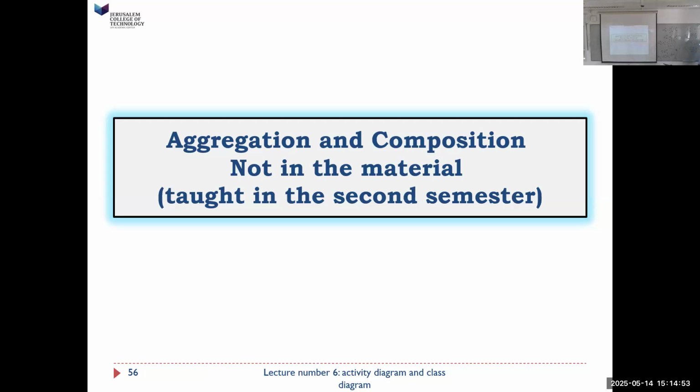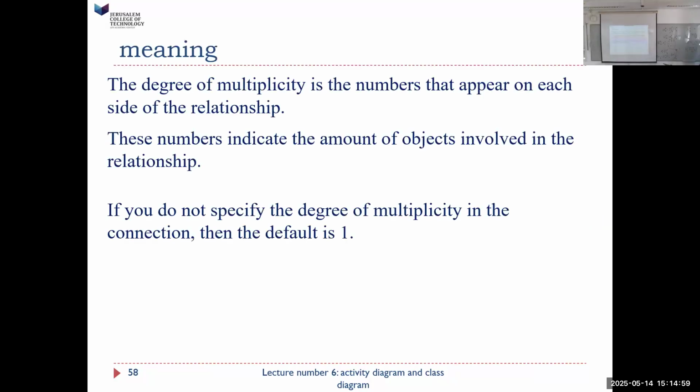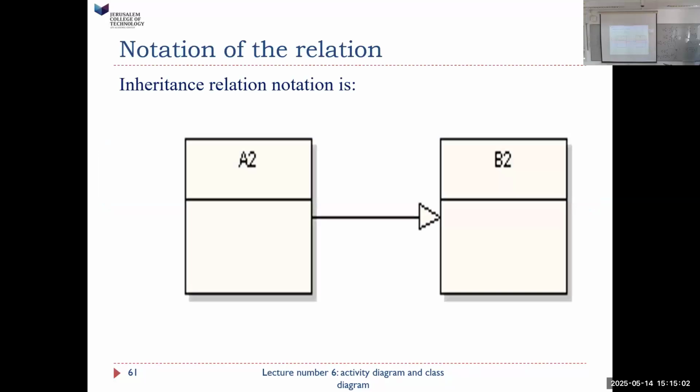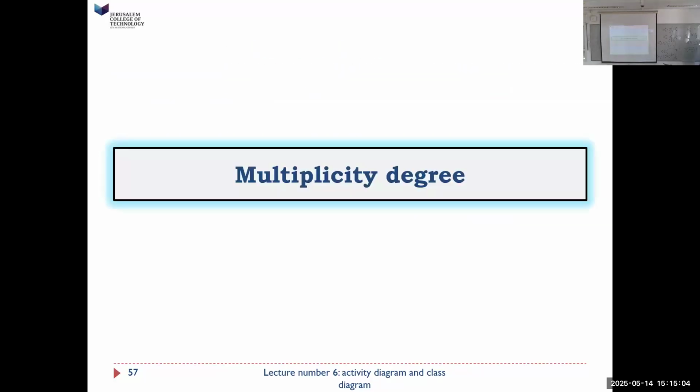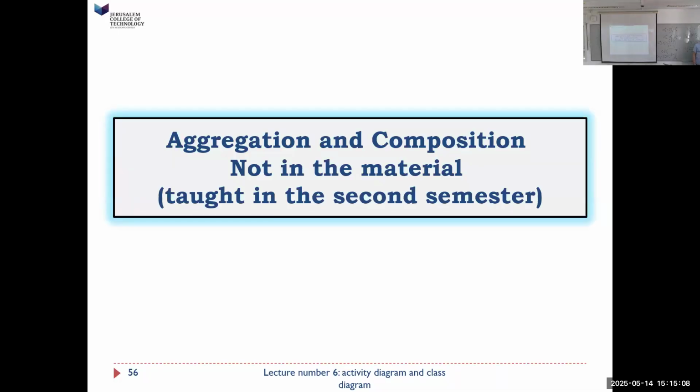Aggregation and composition are not in the material taught in the second semester, but it is in our material. Wait, is it? Oh, no, it's not. I took it out. Yeah, it is stupid. They took it out. What happened last year was they took it out. And I said, you really want to take it out? We should do it. They said, yeah, it's taught in the next class. And I said, well, anyway, it's part of the subject. Let's just teach it right now. It takes 5 minutes. They said, no, it's for the next one.